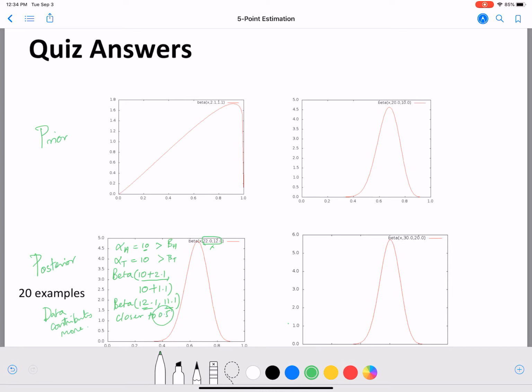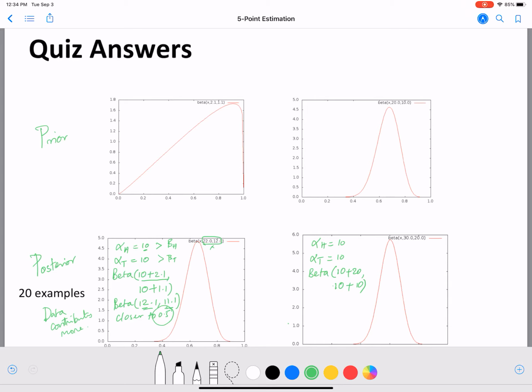Here we have beta 20, 10, and again we want to add 10 to it, right? Alpha h equal to 10, alpha t equal to 10, and beta of 10 plus 20, comma 10 plus 10.